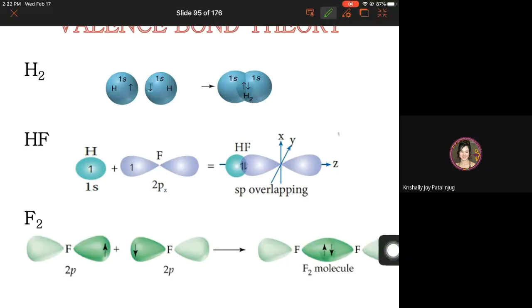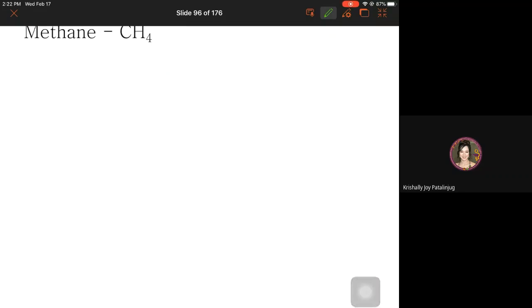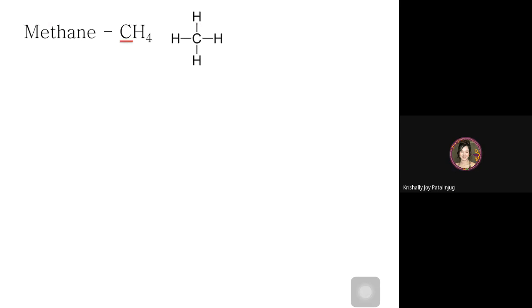Okay? So, for example, in the case of methane, as you'll observe, the simplest organic compound, CH4, has this structural formula.